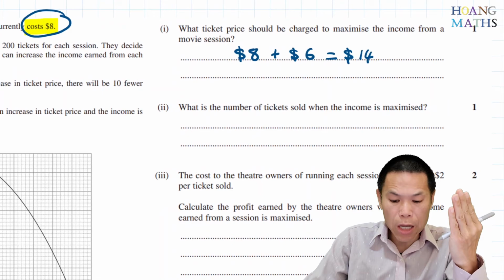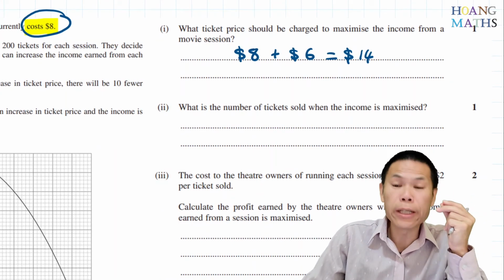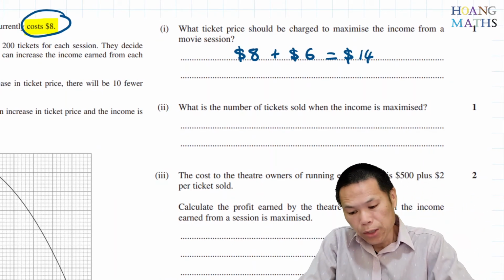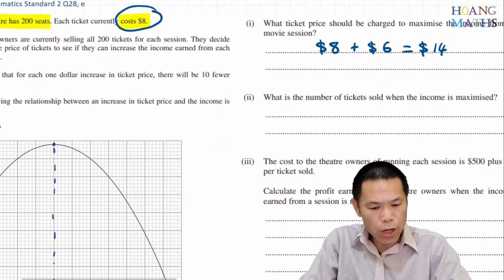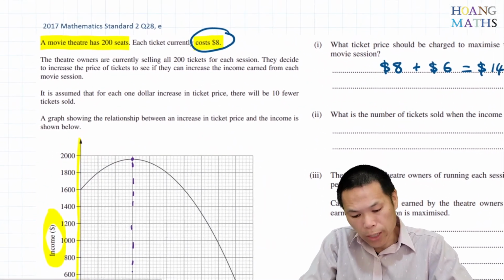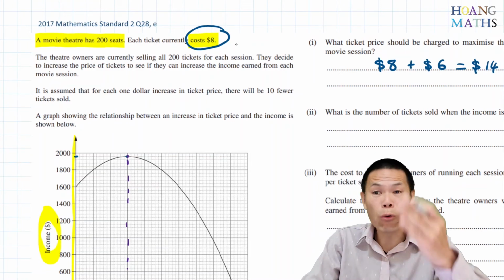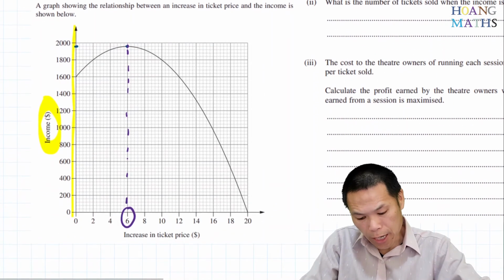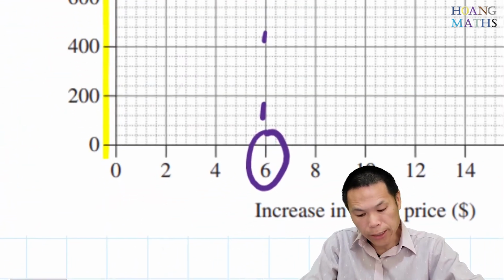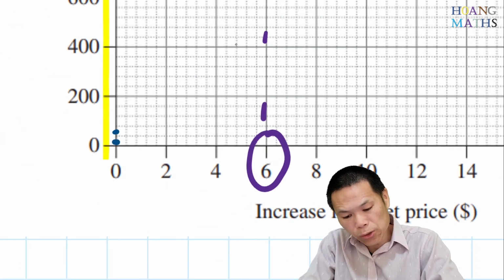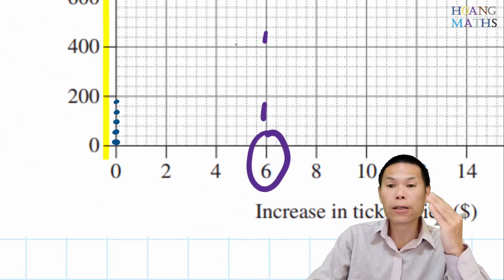What number of tickets is sold when the income is maximum? To get that, we know that the income altogether is here. That's the income. So we need to work out how much it is at the moment. You can see the gap. We have 1, 2, 3, 4, 5. So go up by 5.